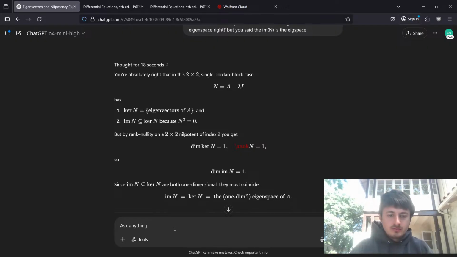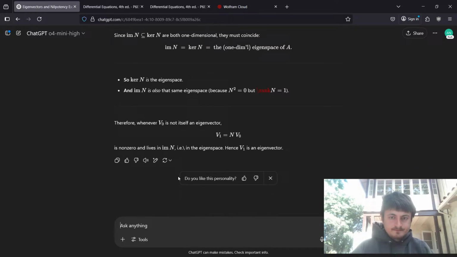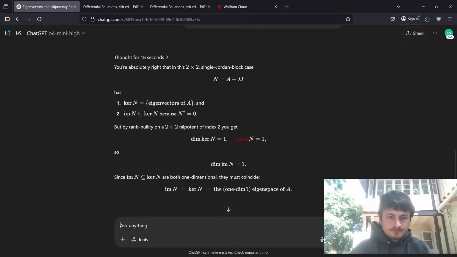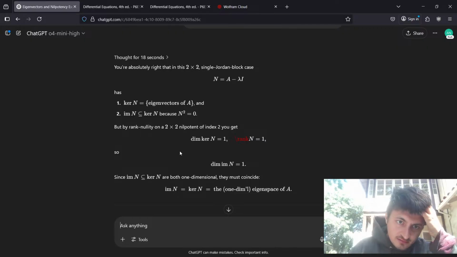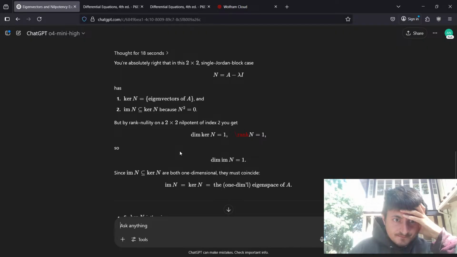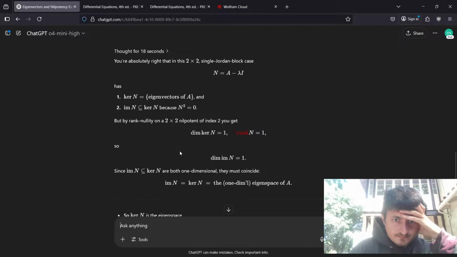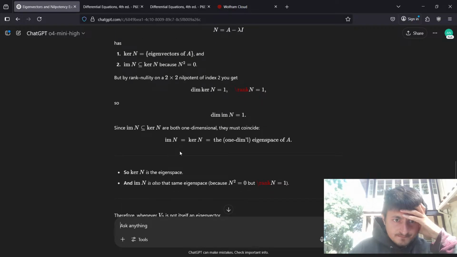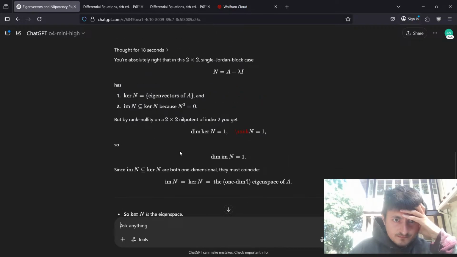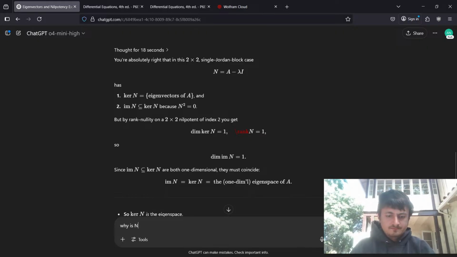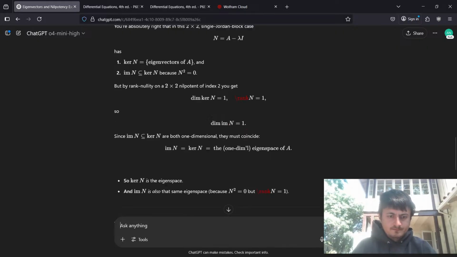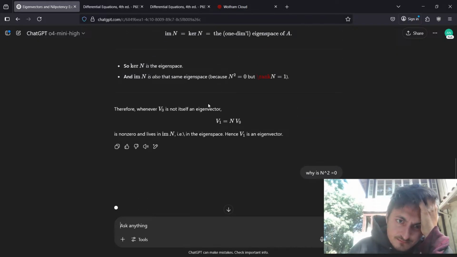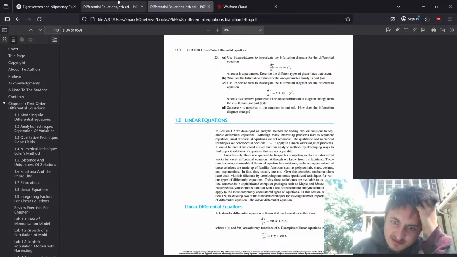Why, bro? Why is N squared equal to 0? Dude, how does this book even explain this?